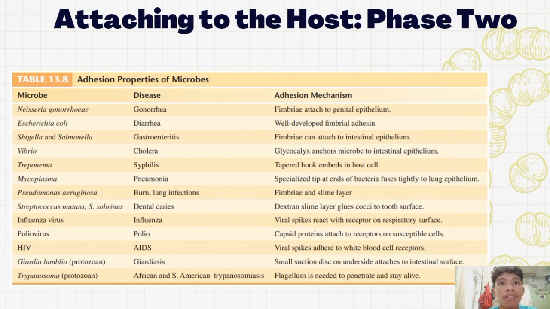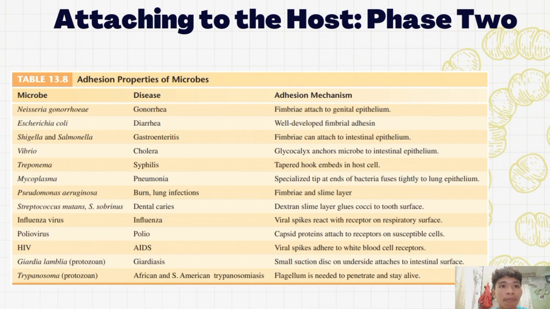Adhesion mechanism: viral spikes react with receptors on respiratory surface. Poliovirus, disease: polio. Adhesion mechanism: capsid proteins attach to receptors on susceptible cells. Microbe HIV, and the disease is AIDS. Adhesion mechanism: viral spikes adhere to white blood cell receptors.